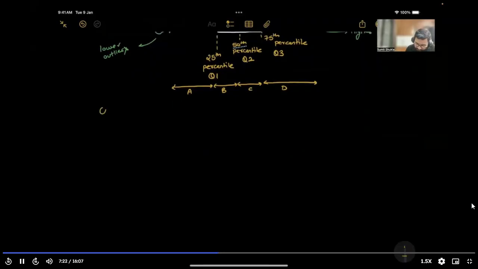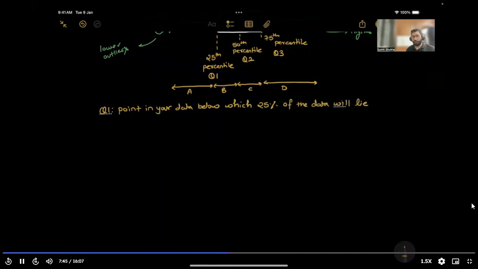So Q1 represents the point in your data below which 25% of the data will lie or will be found.